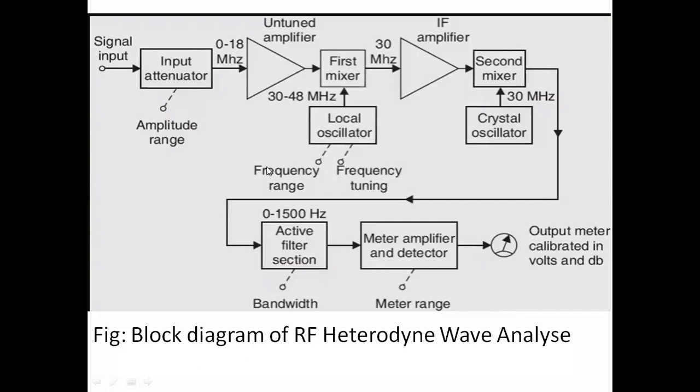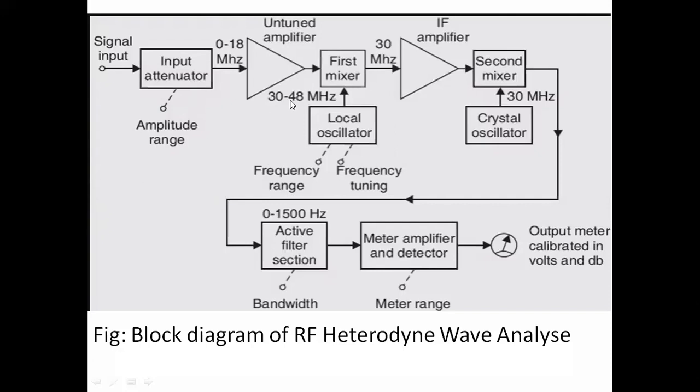Here we can choose the frequency range, for suppose from 30 to 35, like that, in between ranges. After that, you can choose the particular frequency by tuning. Suppose I want to produce a frequency of 35 megahertz. That will be done using frequency tuning after the frequency range is selected.